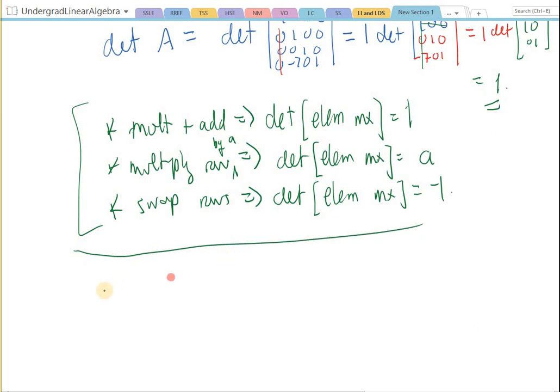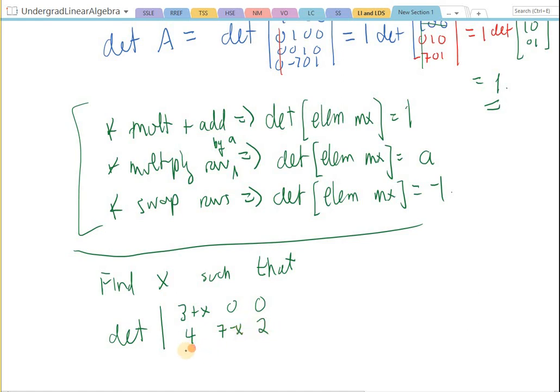Okay. So I'll say find x such that the determinant of the matrix with rows 3 plus x, 0, 0; then 4, 7 minus x, 2; then 2, 9, 2 minus x is equal to 0.